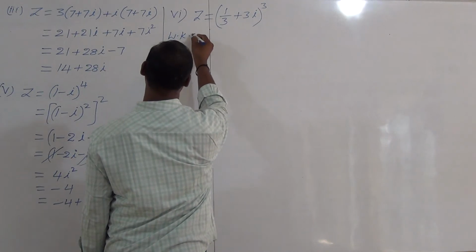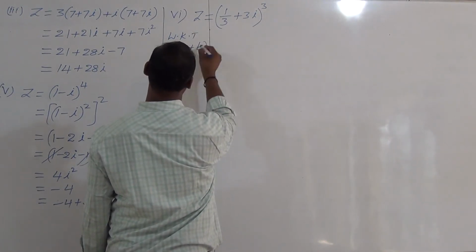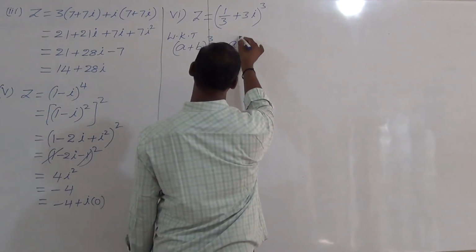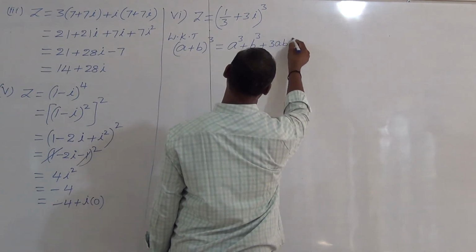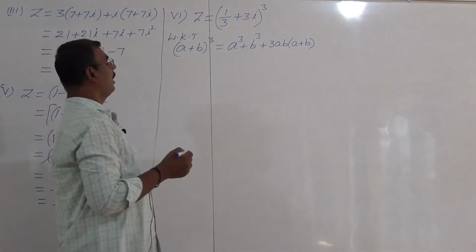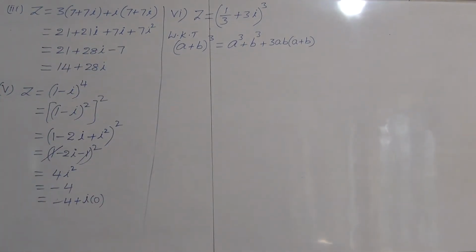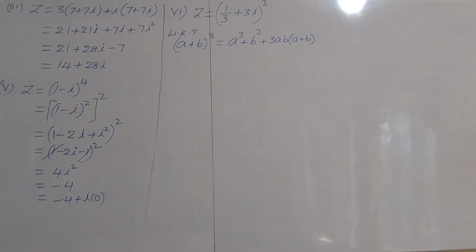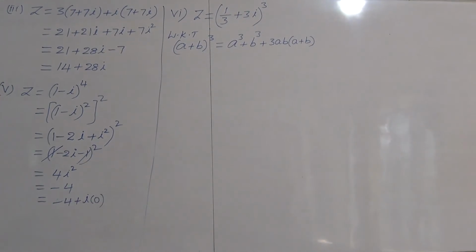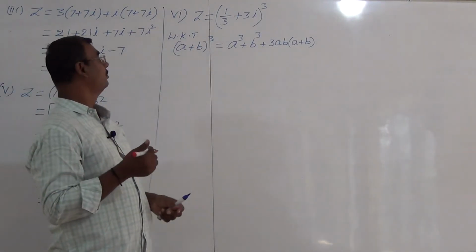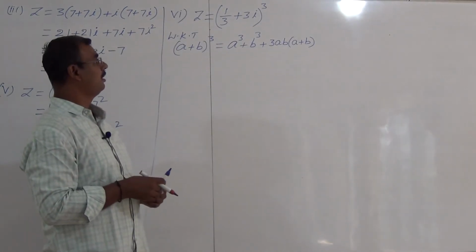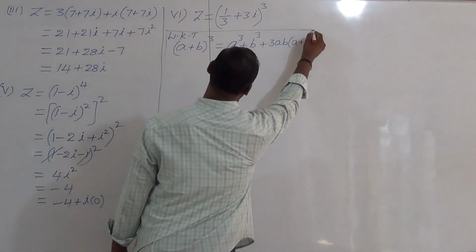We know that all of you remember (a plus b) whole cube is equal to a raised to 3 plus b raised to 3 plus 3ab of (a plus b). So remember everyone this formula.